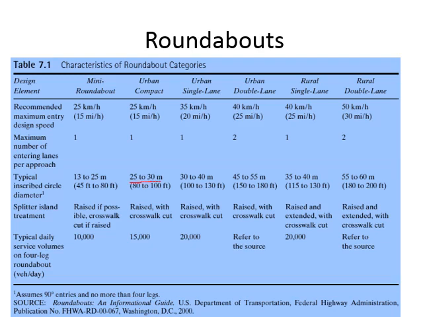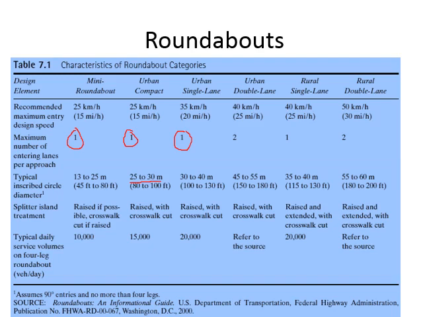Okay, we are talking about the size of the circular island in the middle of the roundabout. So that island is bigger for compact. Both of them are provided when you have one lane coming to the roundabout. Okay, even urban single lane is also provided for one lane entering.